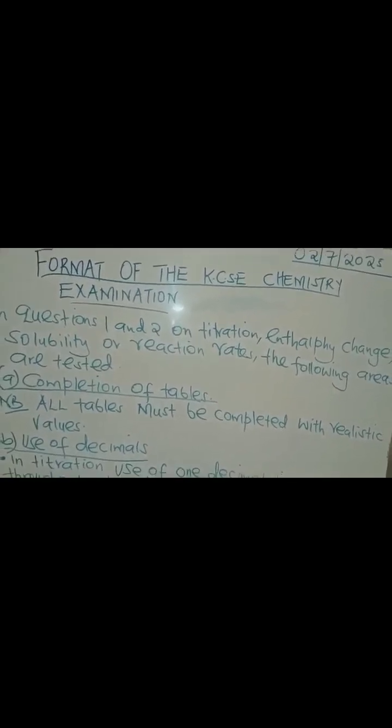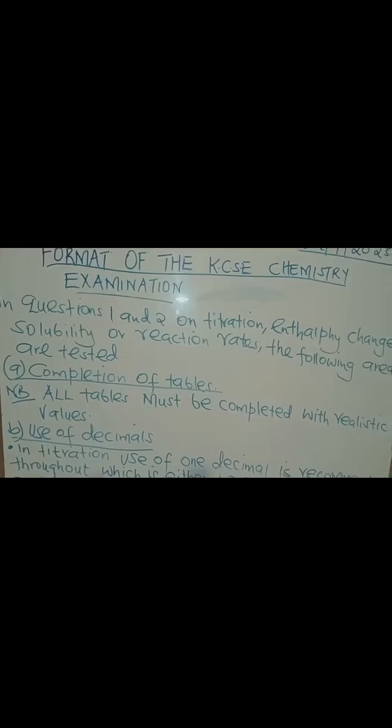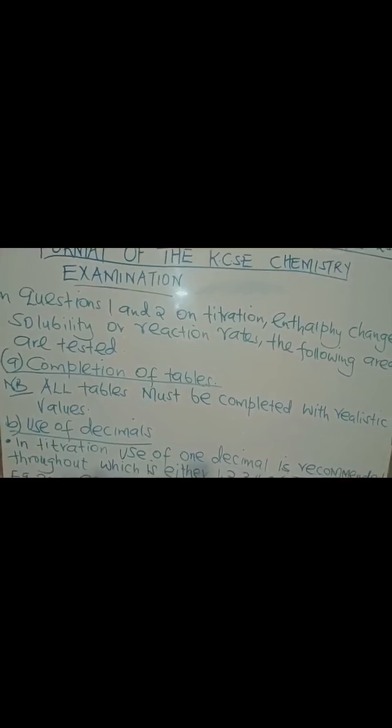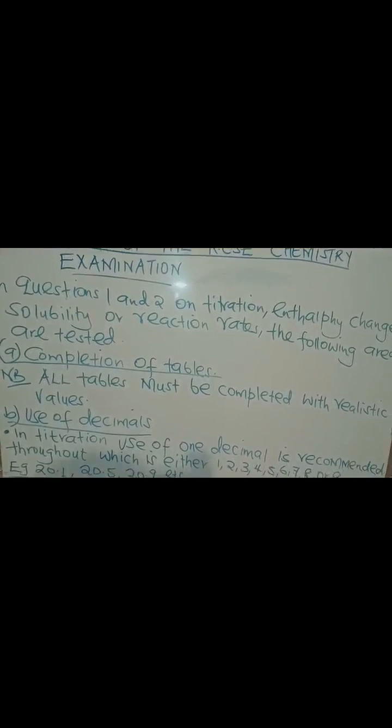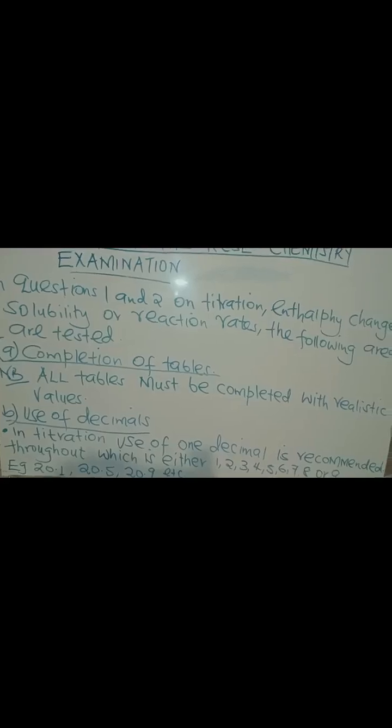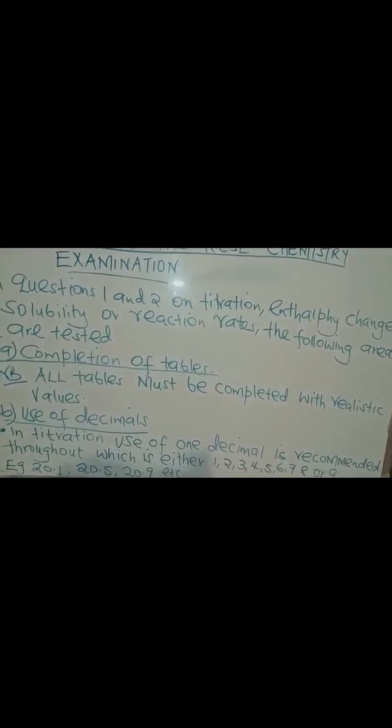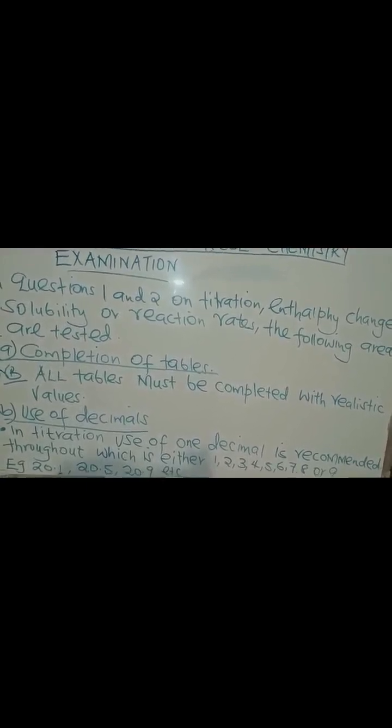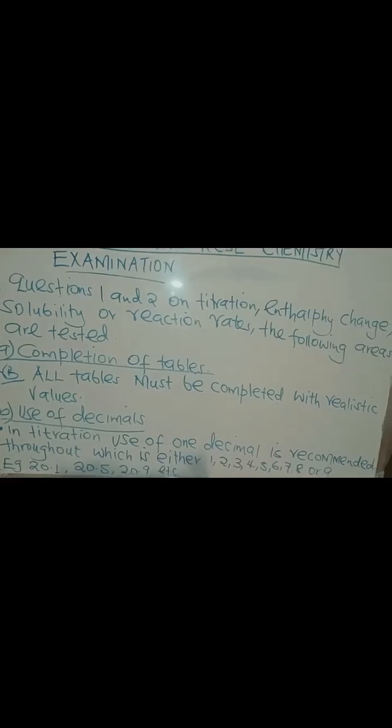And this is serious. You need to take good notes. A, we have completion of tables, meaning you'll get a table either on titration, enthalpy change, solubility, or reaction rates.